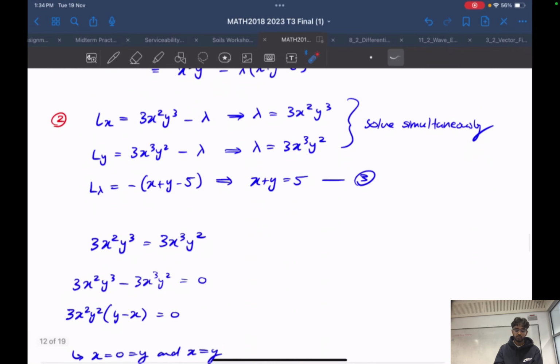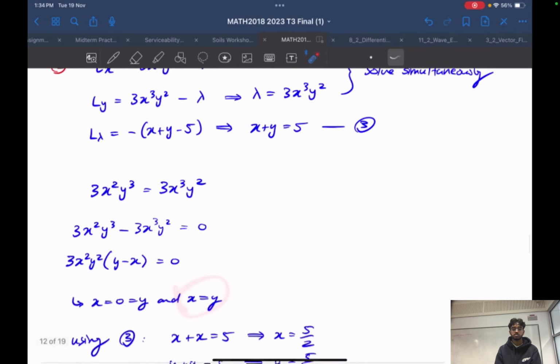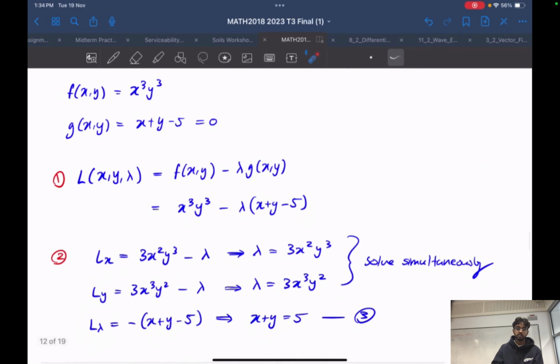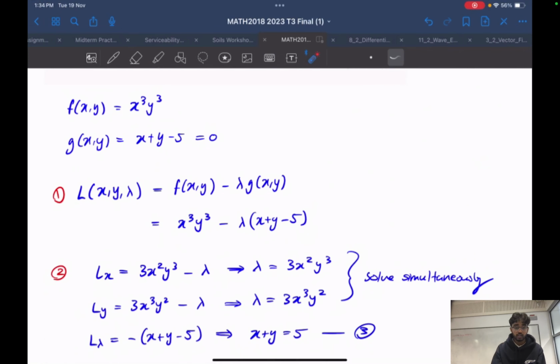The reason being because we know that x equals y is a solution, right? So if we let x be a negative number and y be a negative number, because it's to the power of 3, x cubed will be negative, y cubed will also be negative. Negative multiplied by a negative, you get a positive, right? So no matter what, this function can never be a negative number, right? And obviously if you sub in x and y as positive numbers, you'll always get a positive number, right?